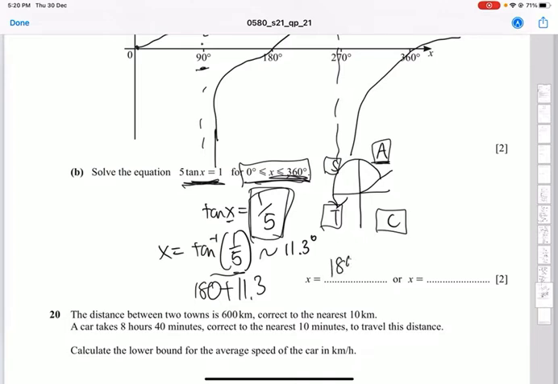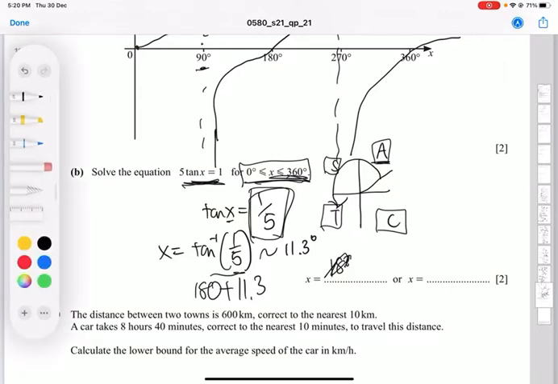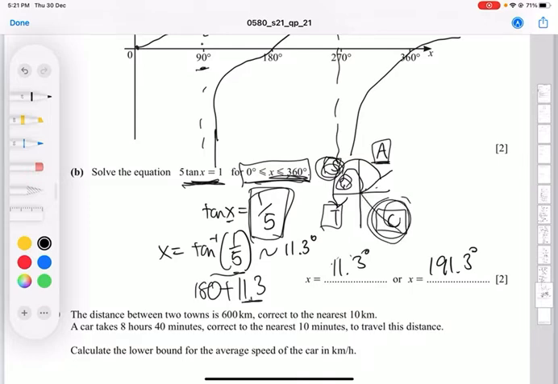So it should be 11.3 and then 191.3 degrees. That's the other value that gets positive. If you check the other ones, say if you put 90 minus 11.3, that gives you negative, because only sine is positive there. If you put 360 minus that angle, it gives you cosine angles, so only cosine is positive there. And you only want positive values. As you can see here, 1 on 5 is positive.